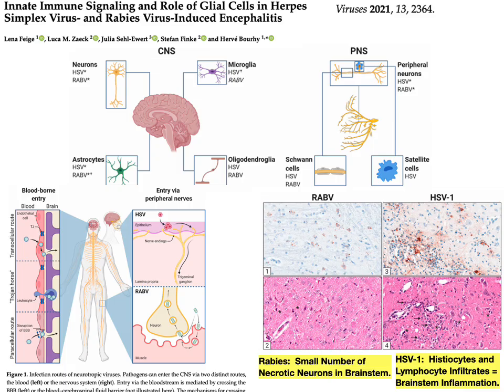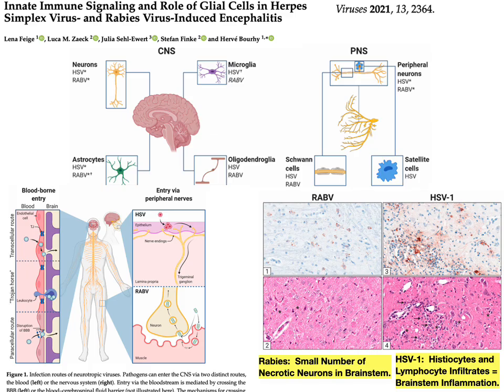Now, above this shows the central nervous system, the CNS, and the peripheral nervous system, PNS, where these two viruses invade. And this shows the tropism of the viruses in these various cell types of the CNS versus the PNS.